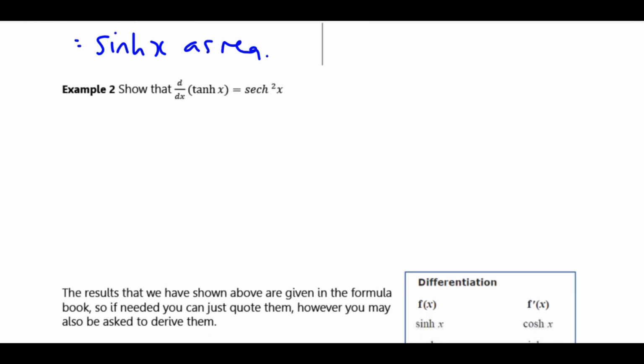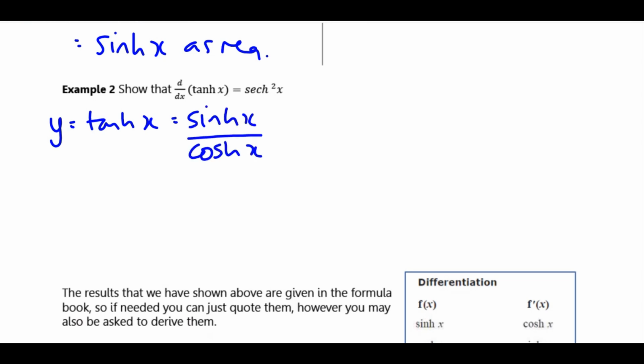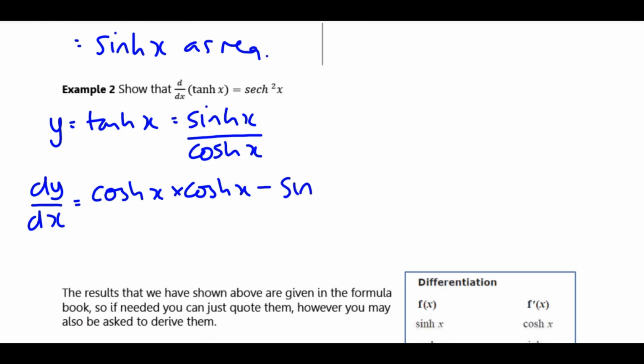Similar results hold to trig as well. So if we're differentiating tanh x, we can do it by using the quotient rule, because you know how to differentiate sinh and cosh now. The quotient rule says if you differentiate the top, you get cosh x, times by the bottom, minus differentiate the bottom, which we know gives us sinh x now, and times by the top, which is also sinh x.